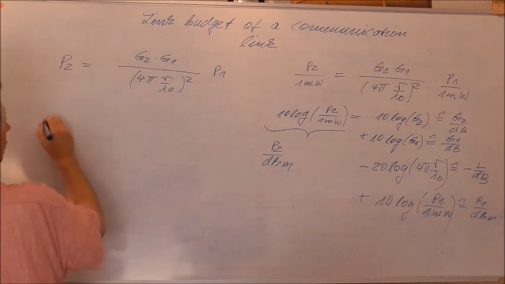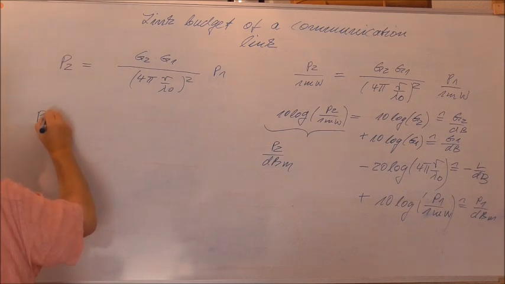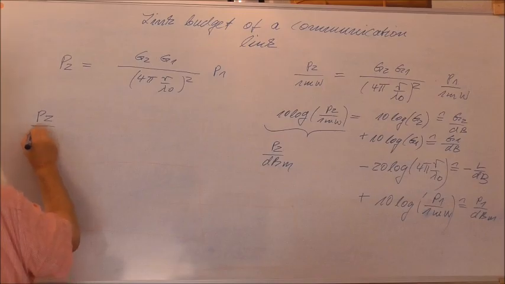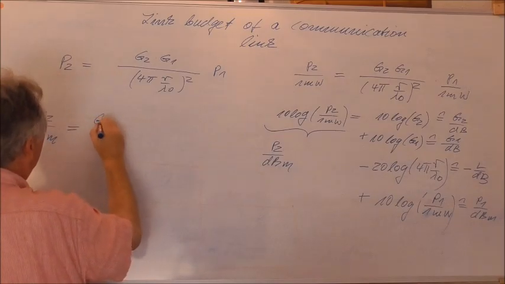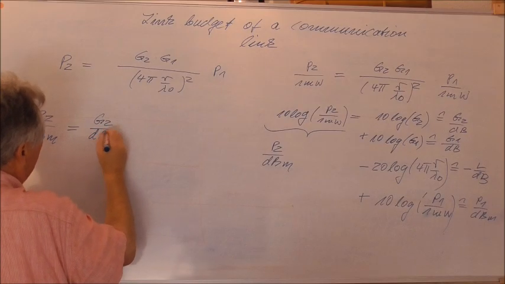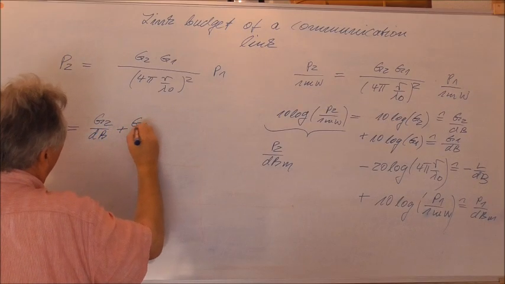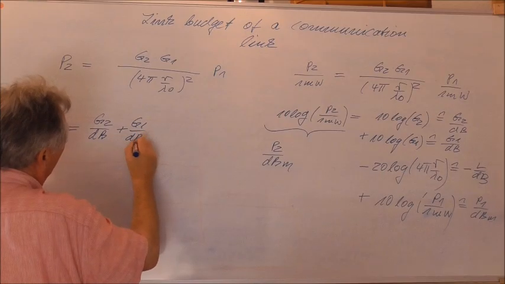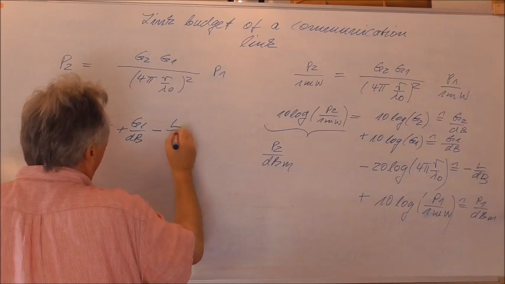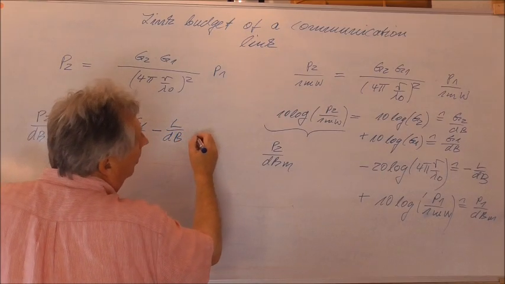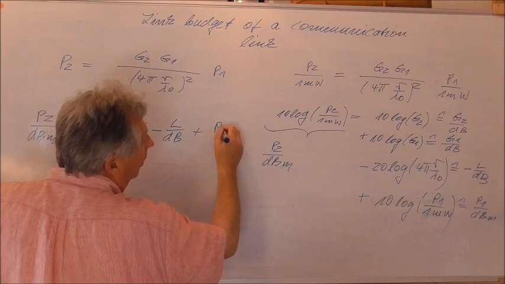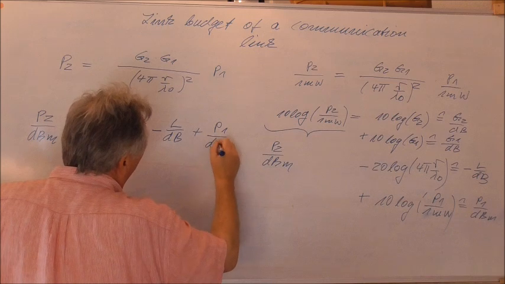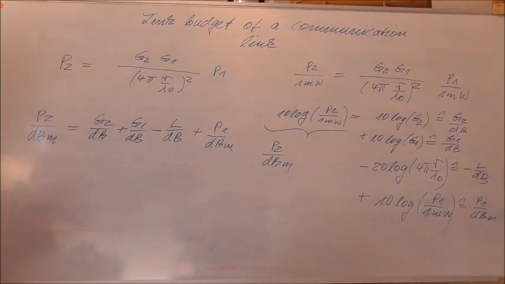Then the link budget would read: P2 divided by dBm is given as G2 divided by dB plus G1 divided by dB minus L divided by dB plus P1 divided by dBm. This would be the link budget.